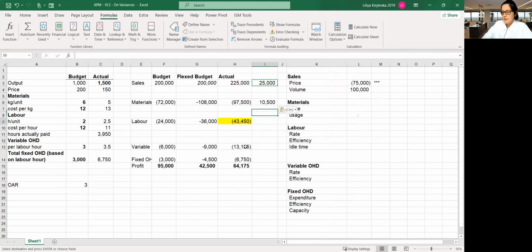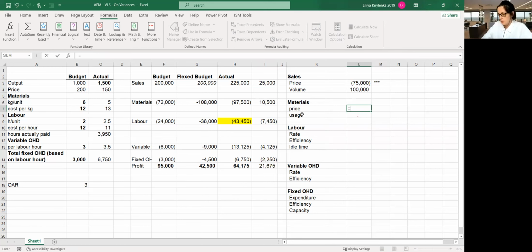It's less understandable for sales, but let me show you how it works with materials, and then in the end we will go to sales variance, because it's actually a little bit tricky and we will need to discuss it a little bit further. But still, as for material price variance, as it is a price-based variance, we need to take the difference between the prices.